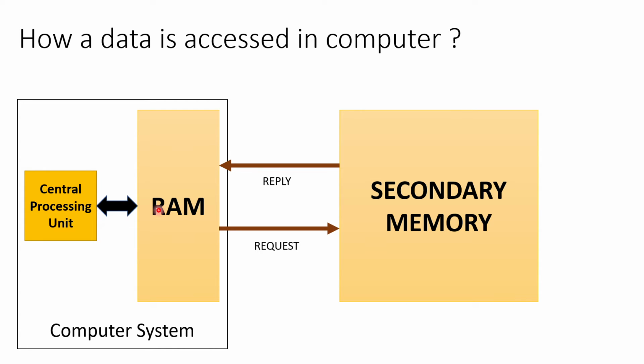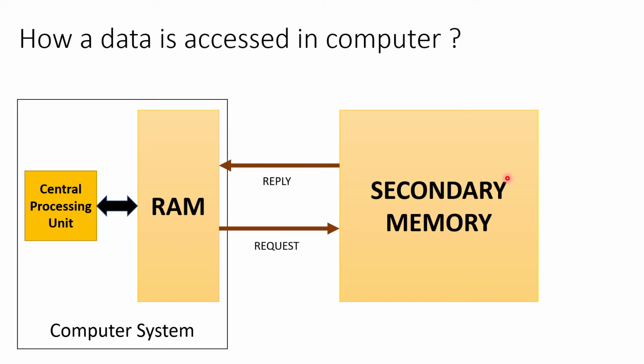But if it is not found, then the RAM puts a request signal to the secondary memory storage. And if it is granted, then through some process of reply, the data is transferred to the RAM, and then it goes to the CPU. Something like this.